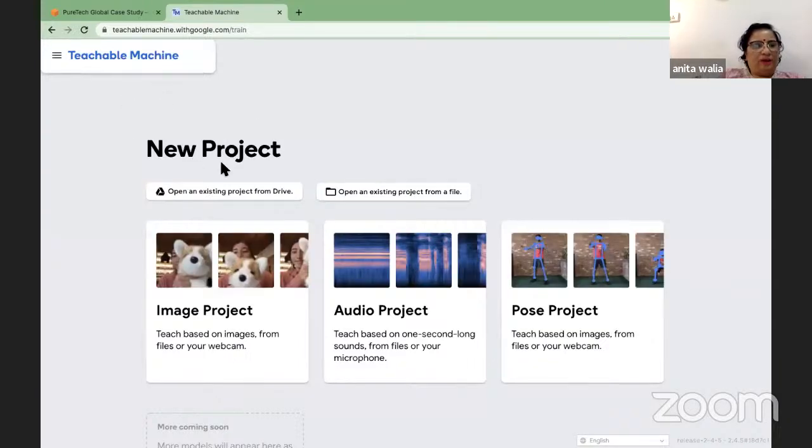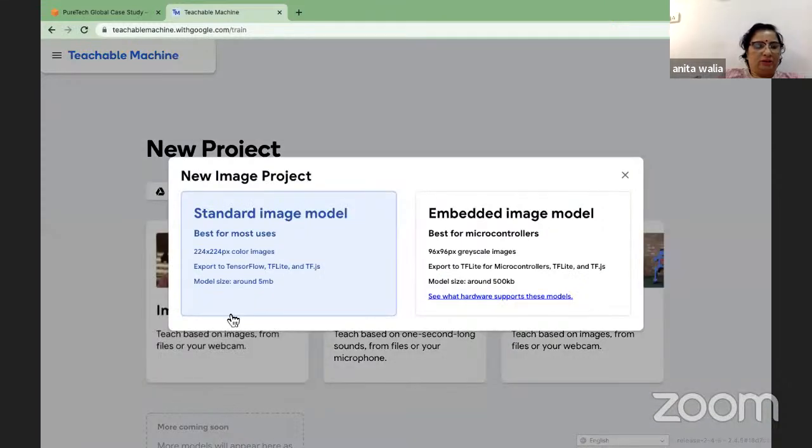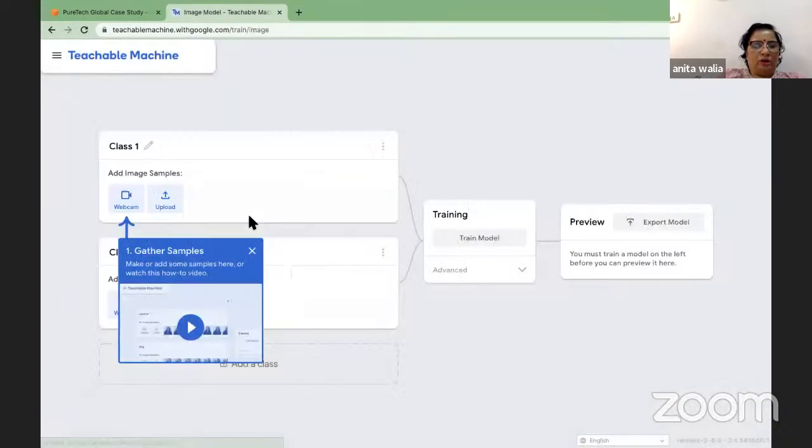Now I'm here in the new project. What I'm going to do is take the image project. I will do standard image modeling, and I can use a webcam or upload, but I'm not showing you accurate data because I could not get the correct data set for that.